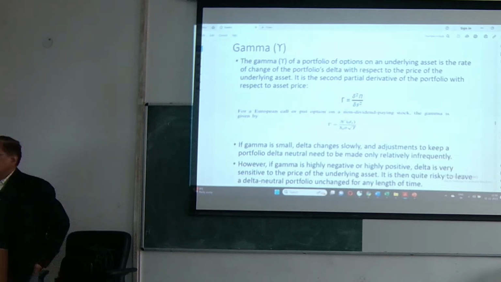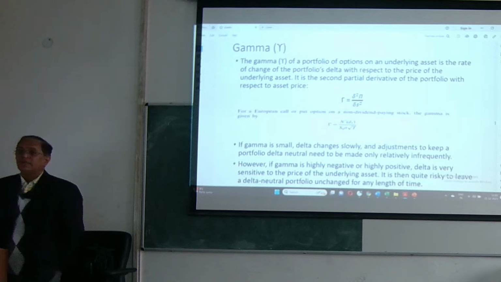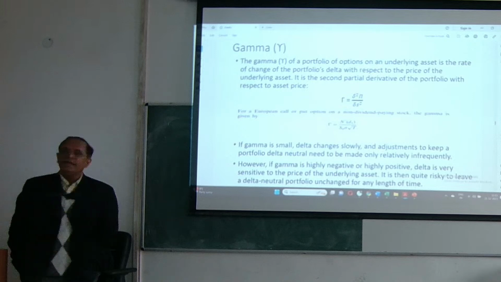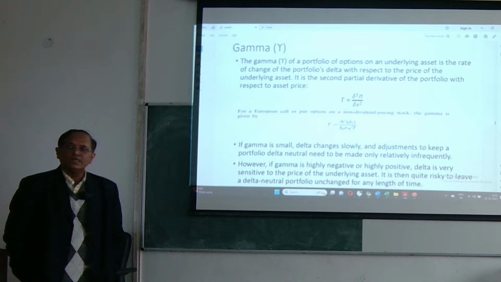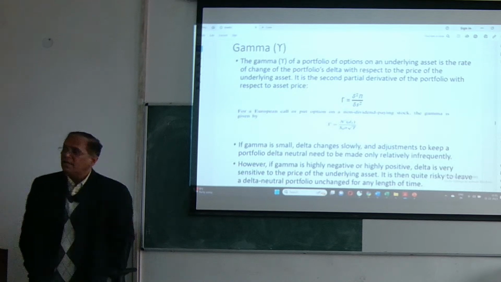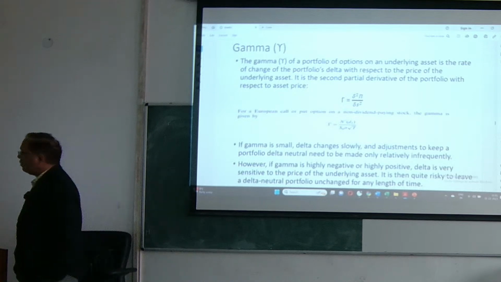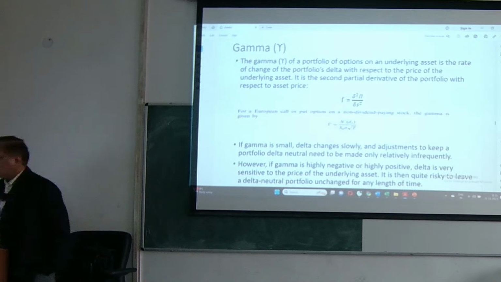If gamma is highly negative or highly positive, delta is very sensitive to the price of the underlying asset. It is then quite risky to leave a delta neutral portfolio unchanged for a lengthy time. इसका मतलब क्या है, अगर बहुत हाई वैल्यू है, चाहे नेगेटिव वैल्यू हो या पॉजिटिव वैल्यू हो, either of the direction if it is there, you require to make a frequent adjustment for your delta.